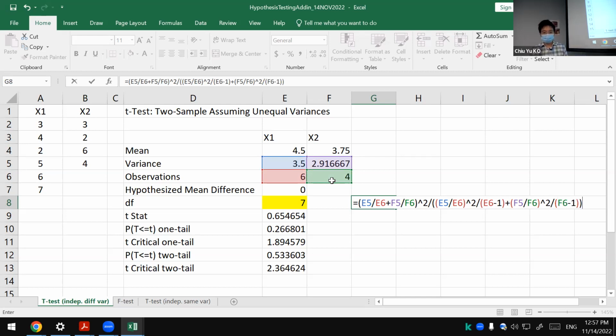This is the whole formula that you would see in the slide. I just copied that.